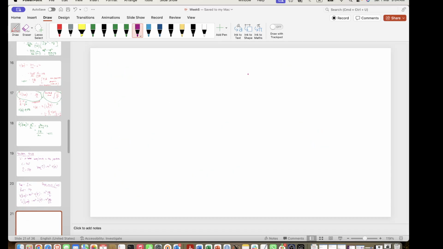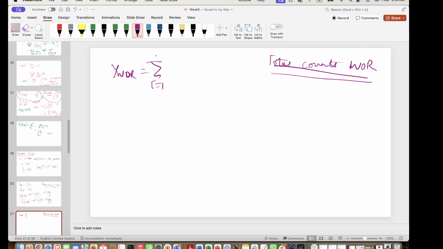What happens if we look at total counts without replacement? This one without replacement is the same, summation i equal to 1 to capital N yi.